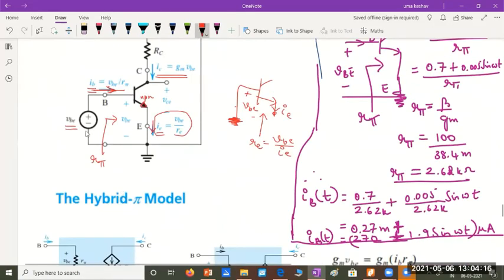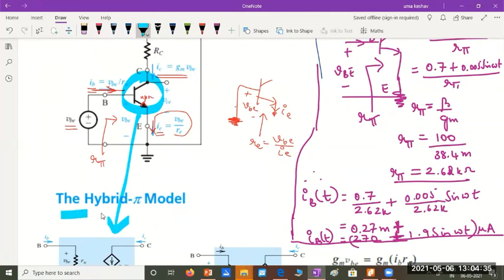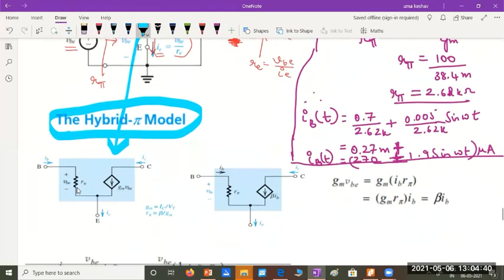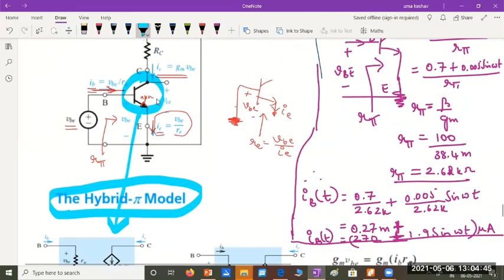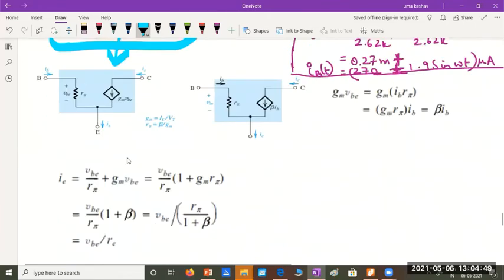Now, when I have this, I can replace this BJT here with an equivalent model called the hybrid pi model, or the hybrid model. So the electrical equivalent circuit to replace the transistor is as shown here.